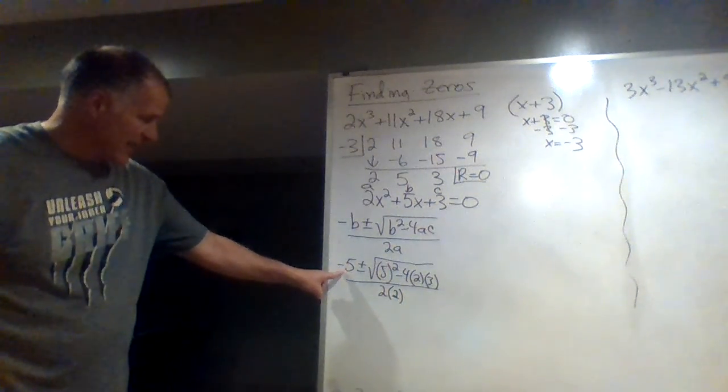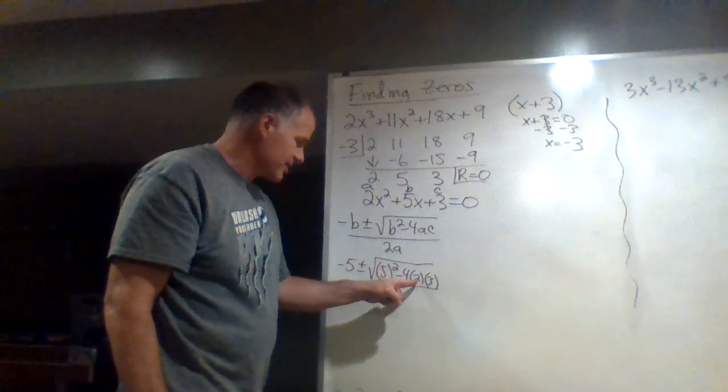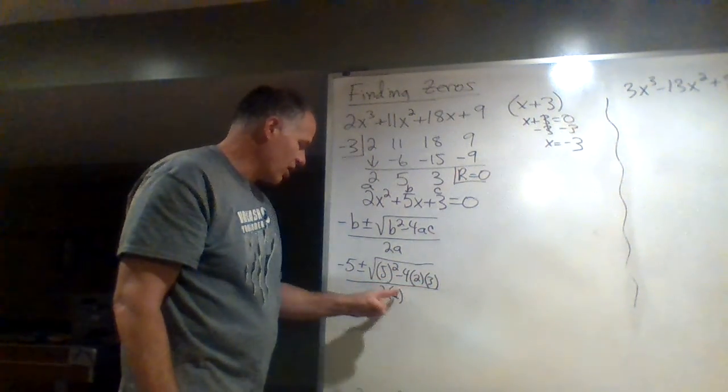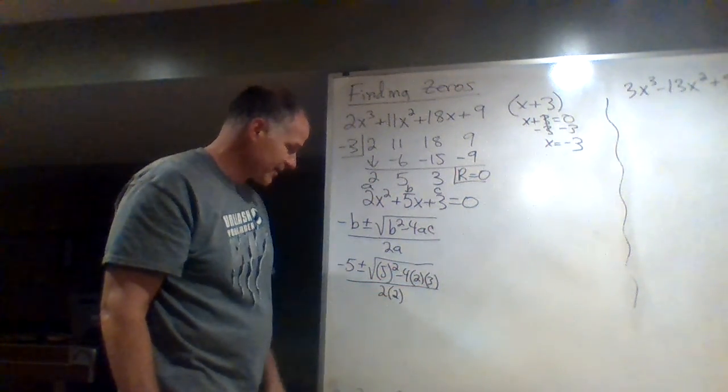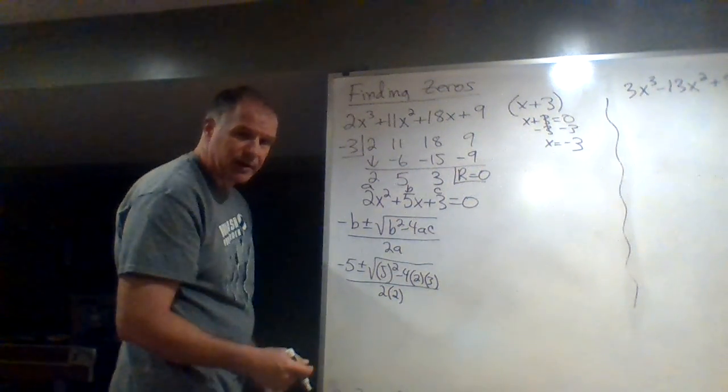So remember this, -5 plus or minus the square root of 5 squared minus 4 times 2 times 3, all over 2 times 2. Okay? Now I'm going to move down one more line here.